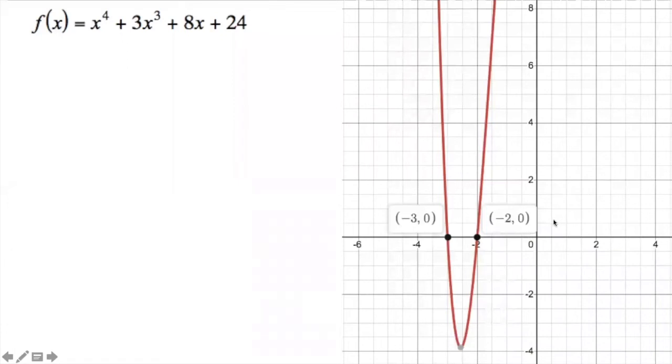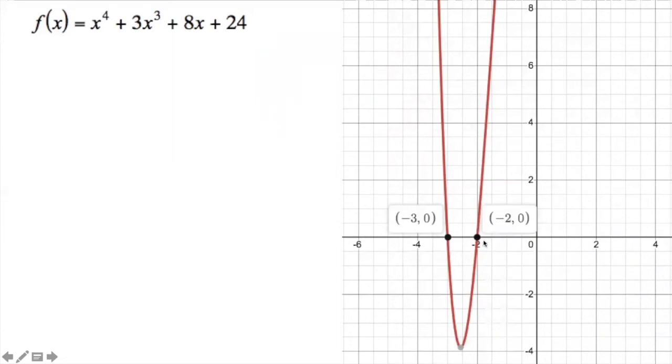Okay, so in our next example on the screen, you see the graph of f of x equals x to the fourth plus 3x cubed plus 8x plus 24. I popped that into Desmos and put a screenshot here so we can see that it clearly crosses the x-axis at -3, and it also clearly crosses the x-axis at -2.